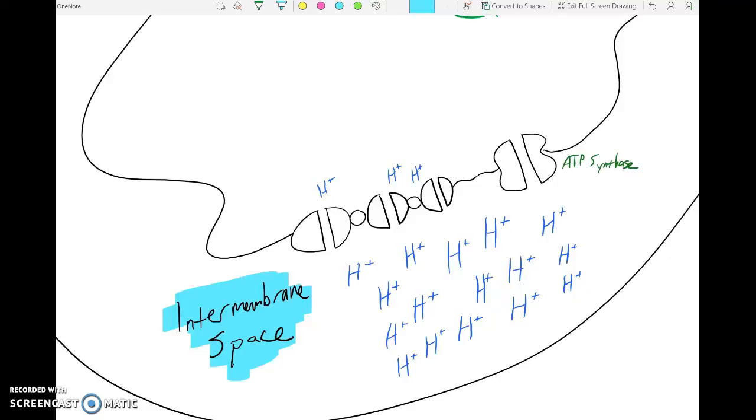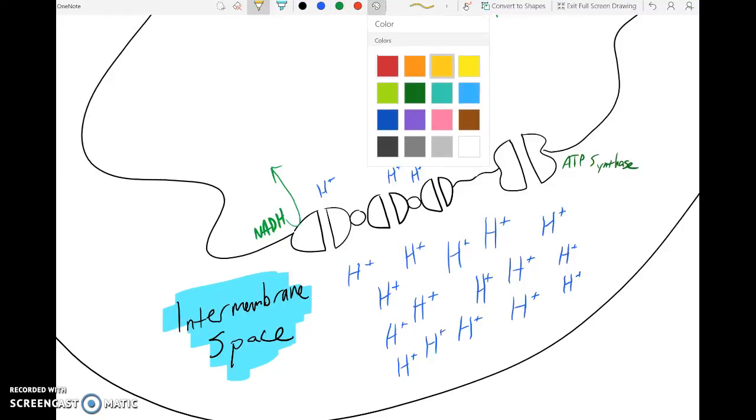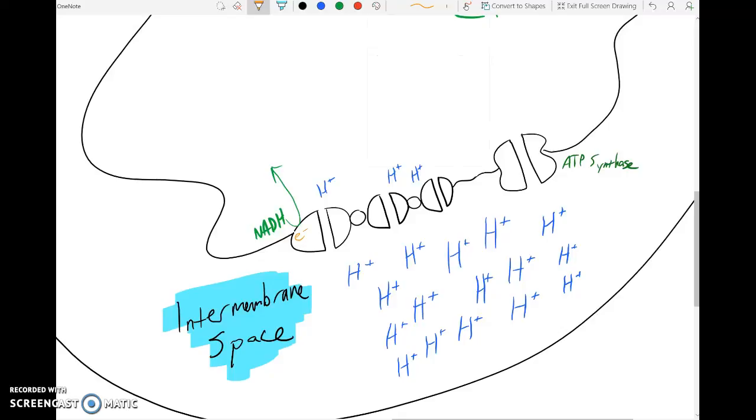Because those NADH molecules, they're going to come in here. They're going to drop off electrons, and they're going to be converted to NAD+. Same thing is going to be true of FADH2.